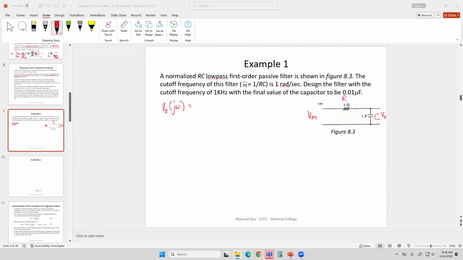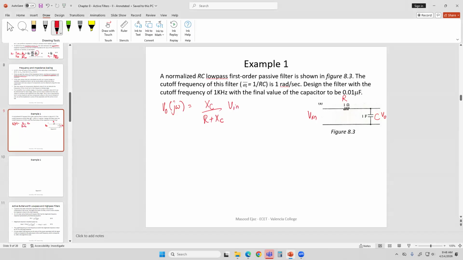One second. Yes, what is the output expression in terms of the input voltage? XC over R plus XC times the input voltage. Very good.